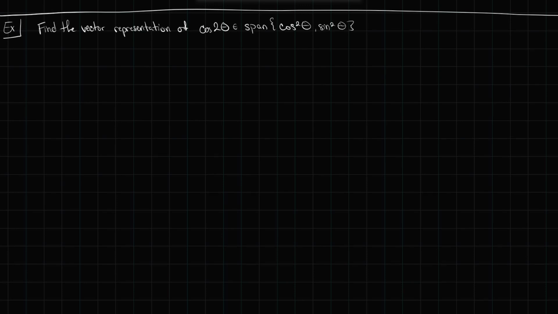Now, this is really interesting because upon immediate perspective, we want cosine of 2 theta to be a coefficient of our first basis element, cosine squared theta, and a coefficient of our second basis element, sine squared theta.